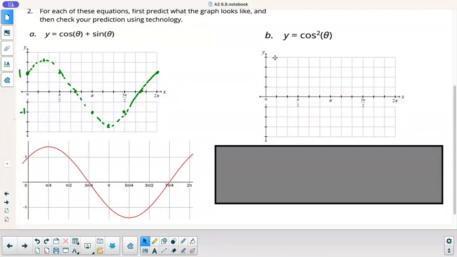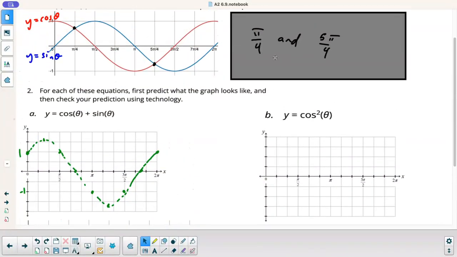All right. Y equals cosine squared. So what I'm going to do here is take my cosine graph and square all the coordinates. So 1 squared would still be 1. I'm going to maybe streamline a little bit. I'm going to go to pi over 2. 0 squared is 0.